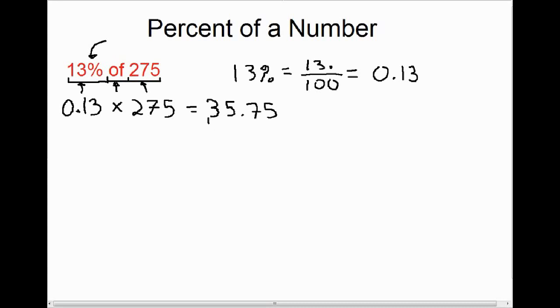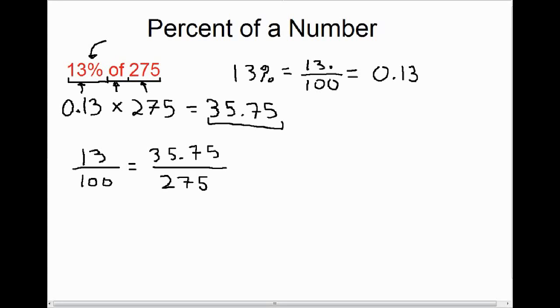Now, what does that 35.75 mean? Well, if you recall, a percent is a fraction as well. So 13% is 13 out of 100. And 13 out of 100 is the same as 35.75 out of 275. Now, looking at these two fractions here, it's not so obvious that they're equivalent fractions.